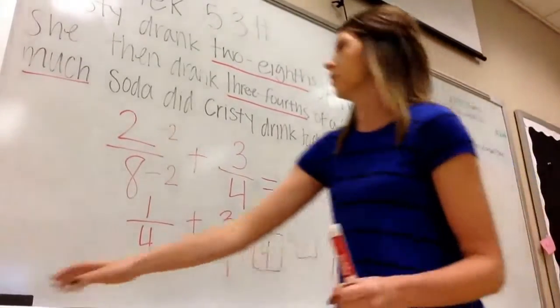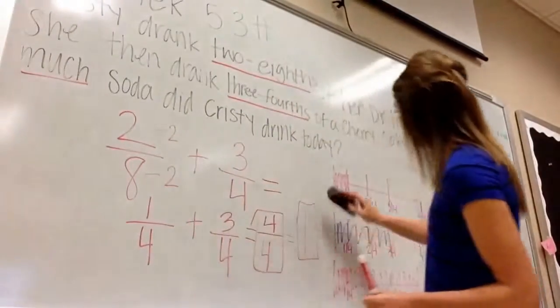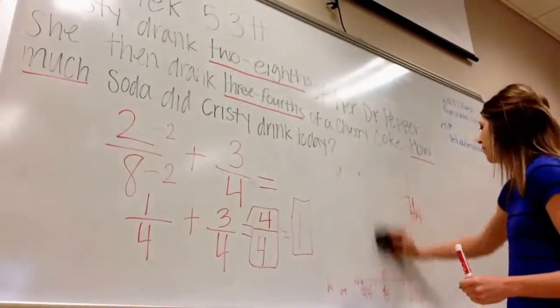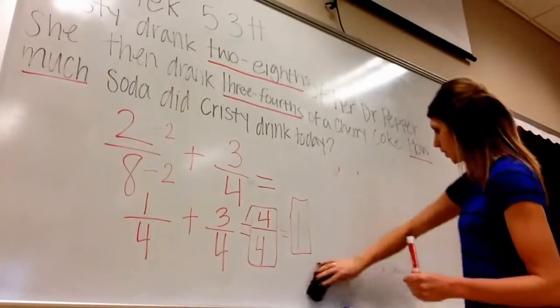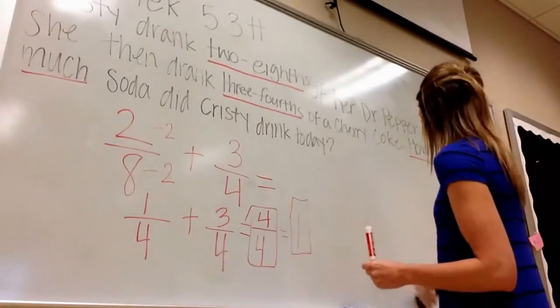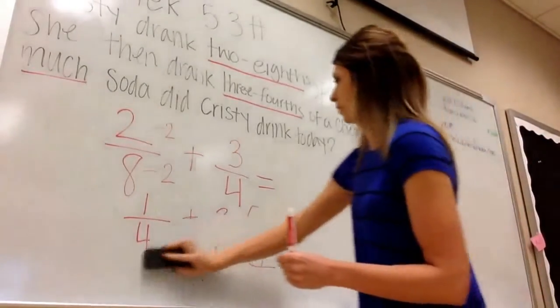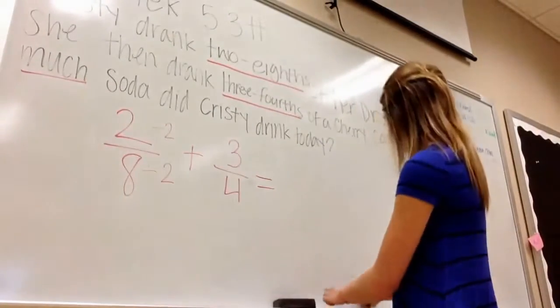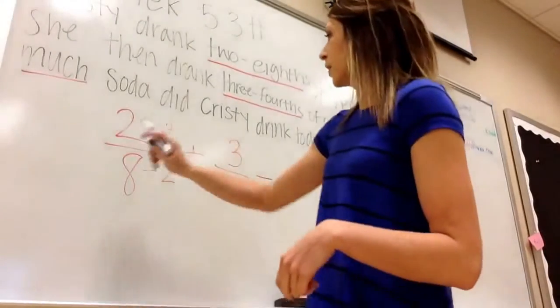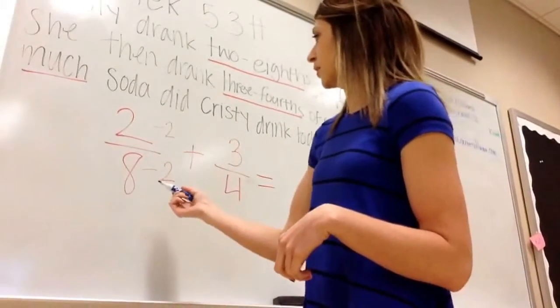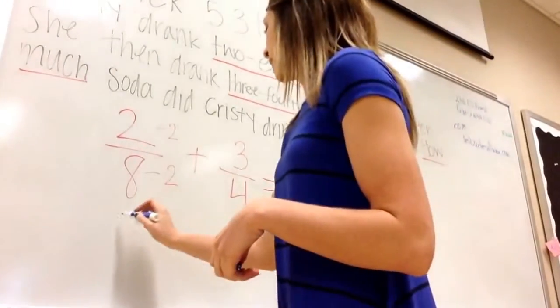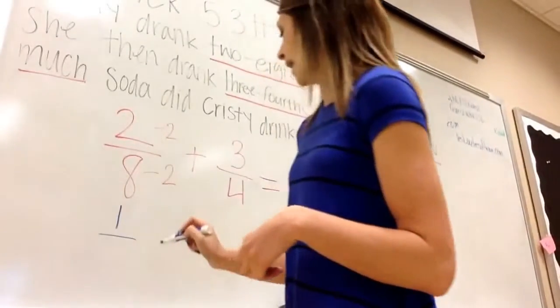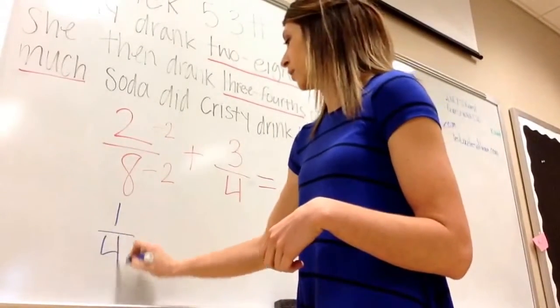Awesome job. Let's use another model to help us figure out this equation. I'm just going to rewrite our reduced fraction, so let's go over that together. We know that 2/8 can be reduced because 2 can go into 8, and 2 divided by 2 is 1, and 8 divided by 2 is 4, so 1/4.